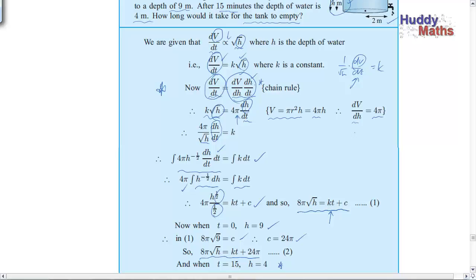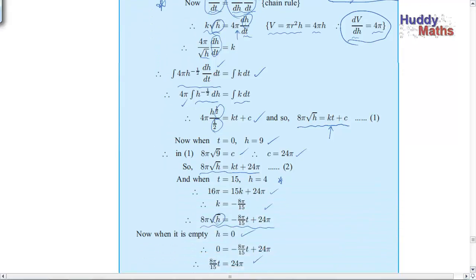And in fact, we need to get an expression for dv by dh as well there. All right, so study that. We've got to get here an h in there, all right, to be able to integrate that. Can you see that idea? That other rate of change is needed there.